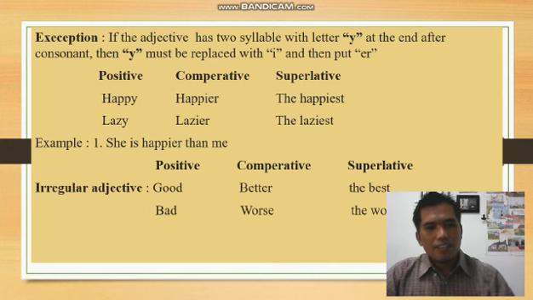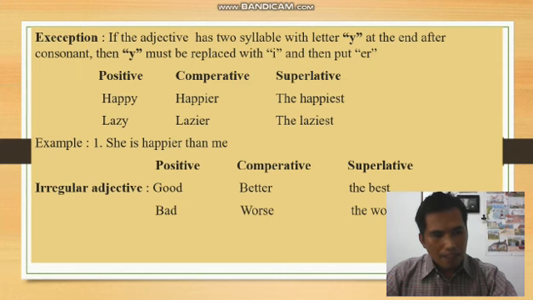Next, let's have a look at irregular adjectives. Actually, you can find more irregular adjectives. Here I only have two, good and bad. Good for positive, better for comparative. Bad for positive, worse for comparative.